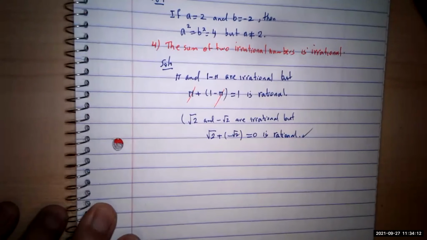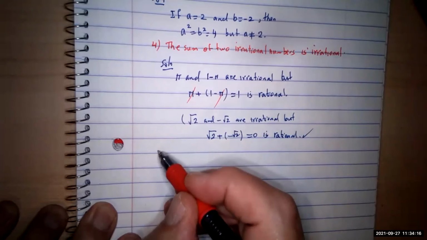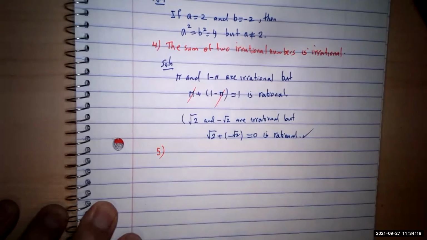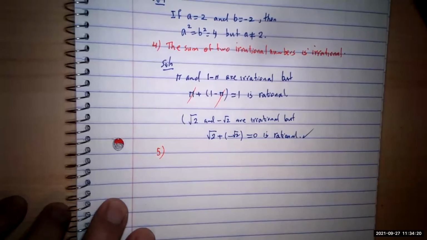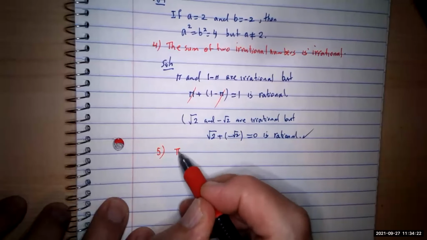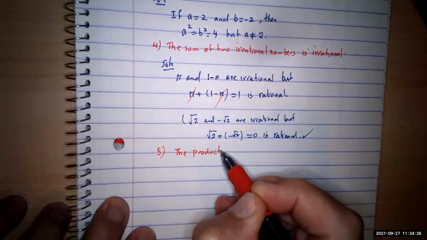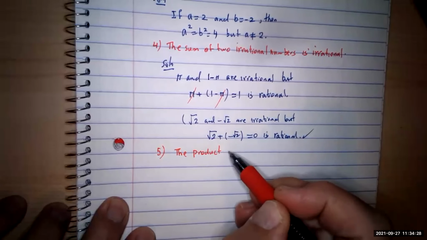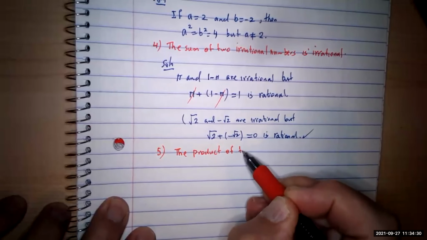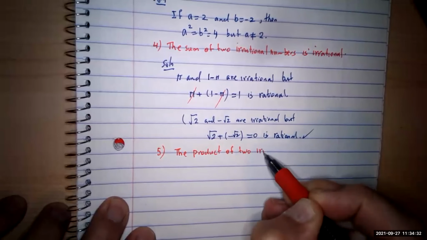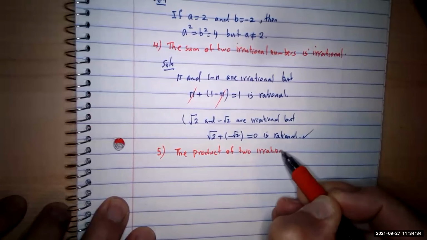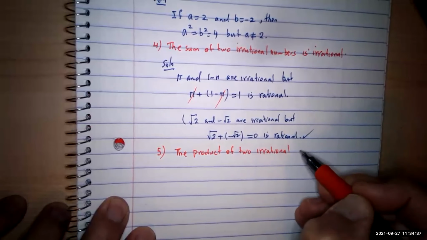Any question? Again, if you want to stay with this irrational, you have these. So let's get practice because we have it in your assignment. The other one is for the product. The product of 2 irrational numbers.